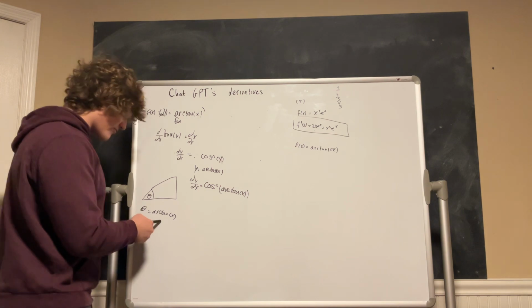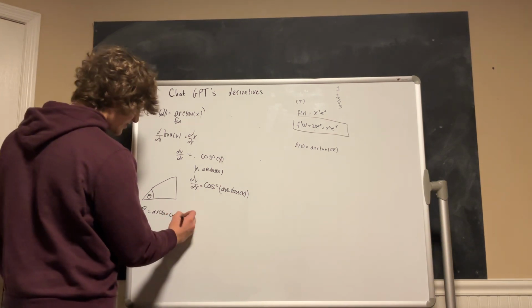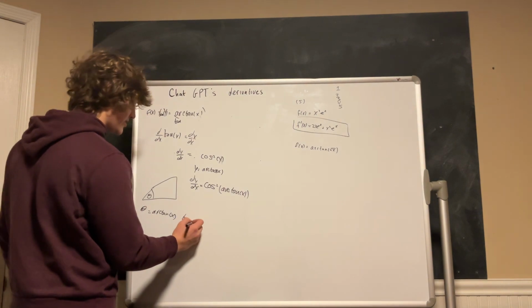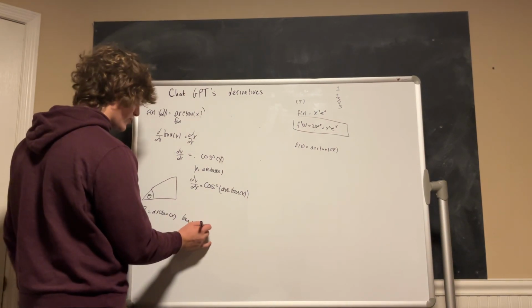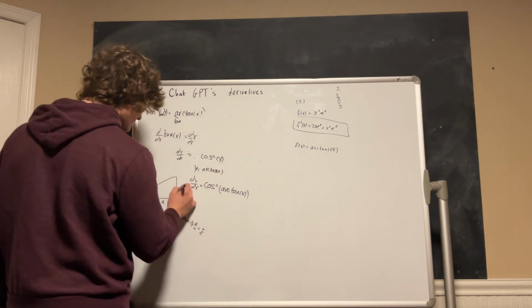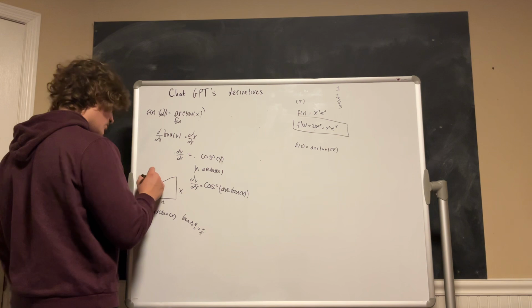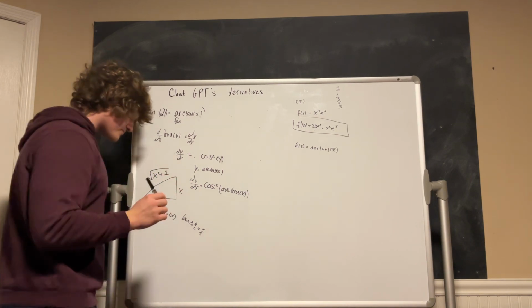Now we are solving for the cosine squared of the arctangent of x. So we have theta is equal to arctan x, which means that the tangent, which is the opposite side over the adjacent side, is equal to x over 1. So the adjacent side is 1, opposite side is x. It means that the hypotenuse is the square root of x squared plus 1.